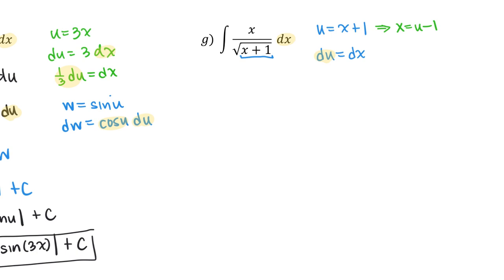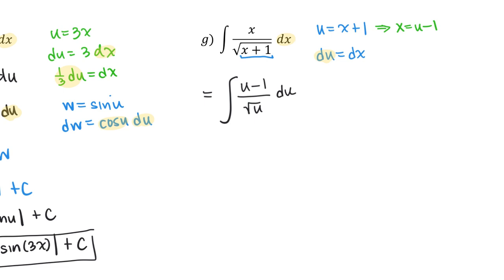Then I'll have u minus 1 in the numerator, and the square root of u du. Let's try it and see if it gets anywhere.